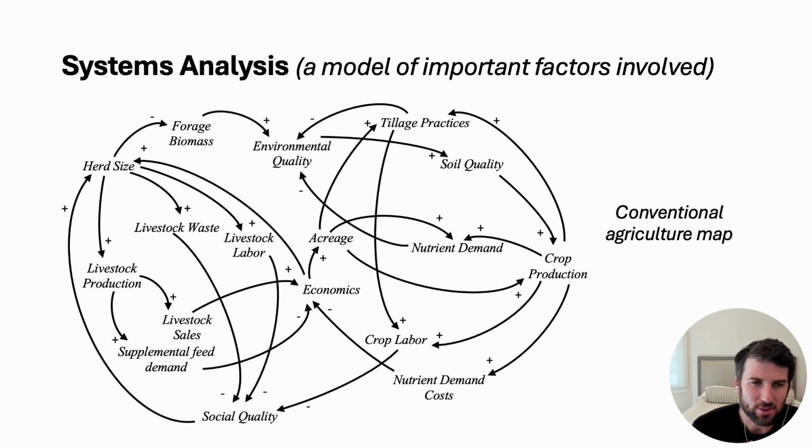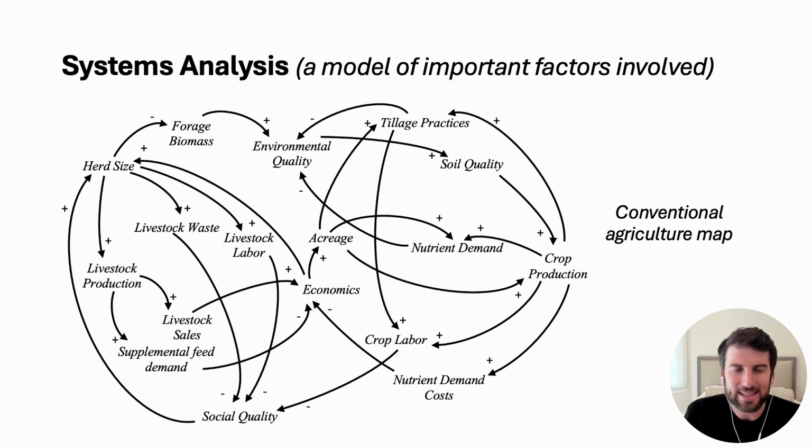So in this example, forage biomass has a direct relationship with environmental quality. This means that when the forage biomass increases, the environmental quality increases. But tillage practice, grading the soil and such, that would be negatively correlated, where there can be more dust and carbon removal. So that would be an inverse correlation, where more tillage means less environmental quality, while less tillage would increase the environmental quality.